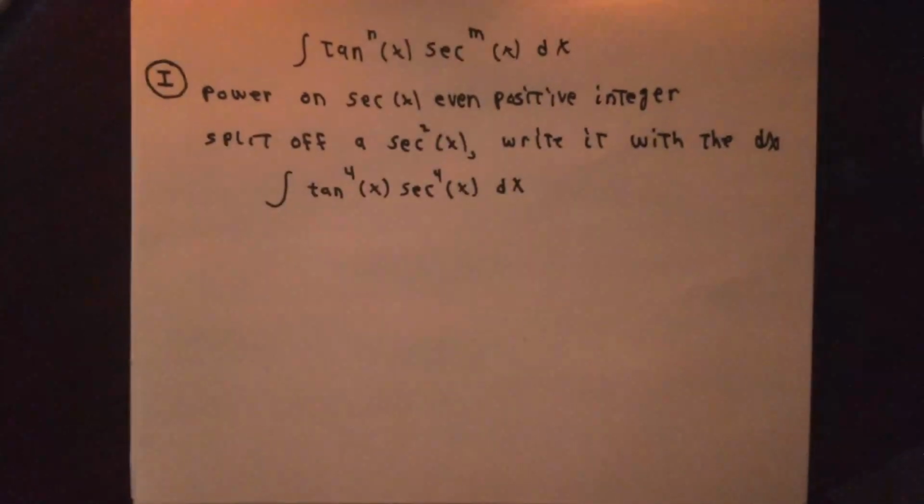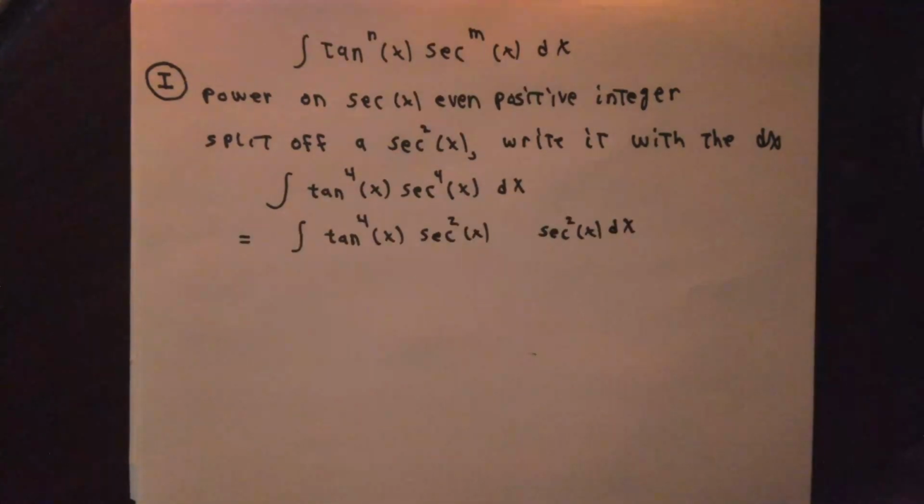As an example, let's think about the integral of tangent to the fourth power secant to the fourth power dx. The first thing that I should lock in on is that even positive power on the secant. I'm going to do as suggested and split two factors of secant off.